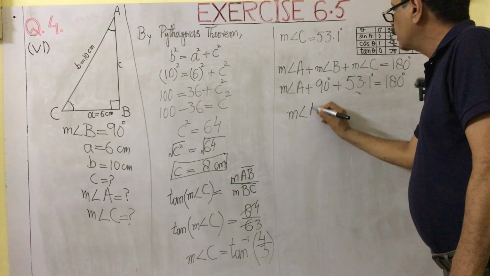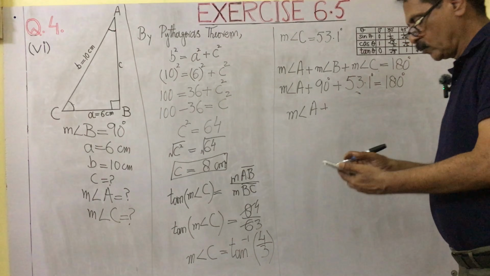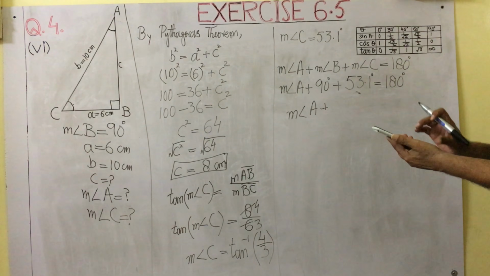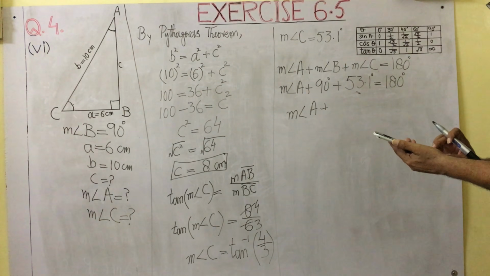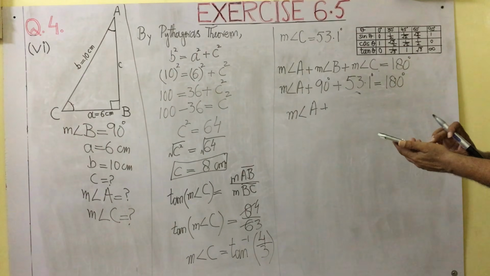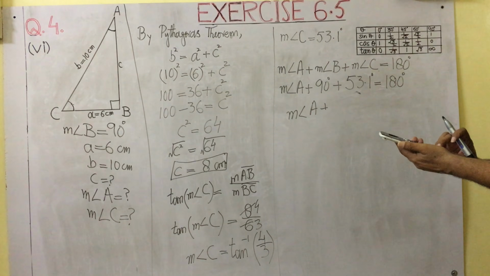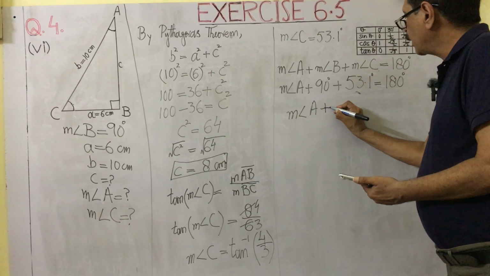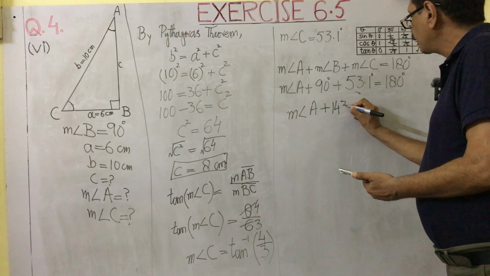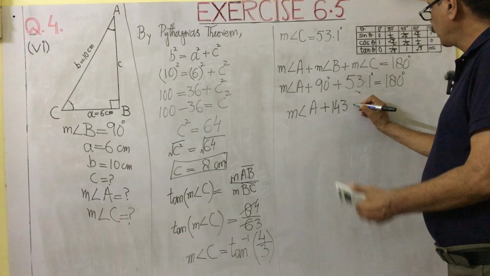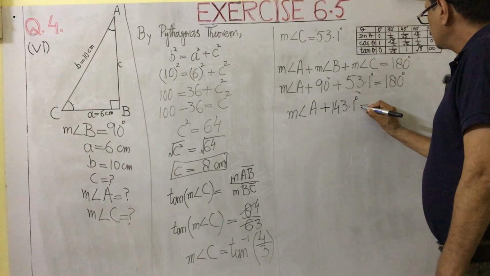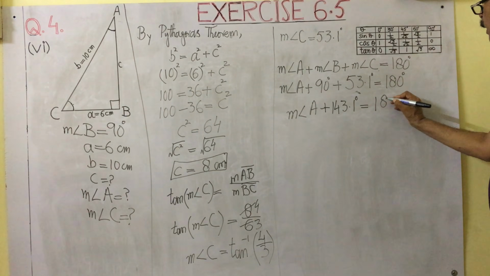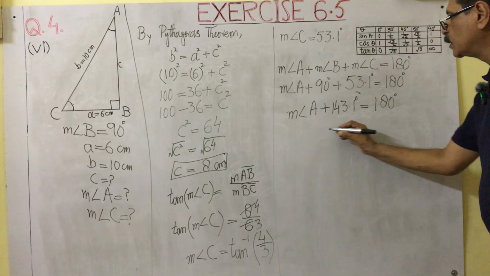Angle A is equal to, we can add 90 plus 53.1. The answer is 143.1 degrees is equal to 180 degrees.